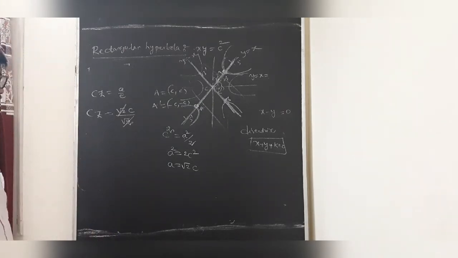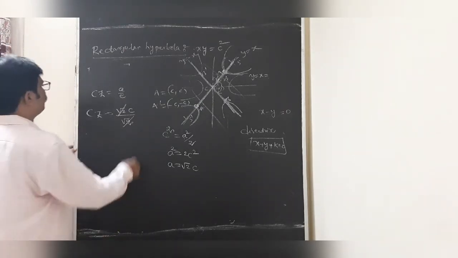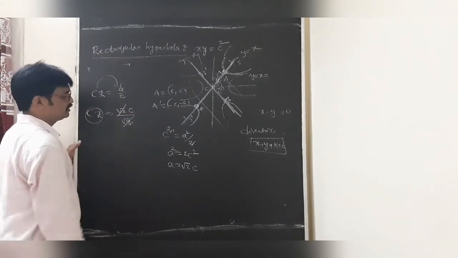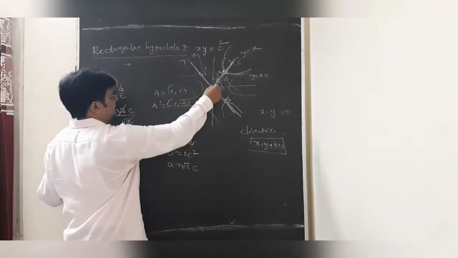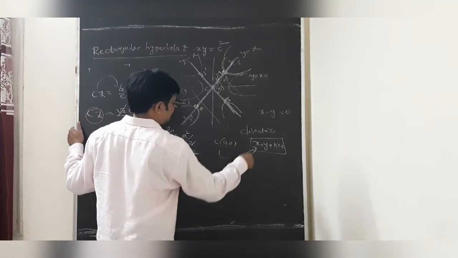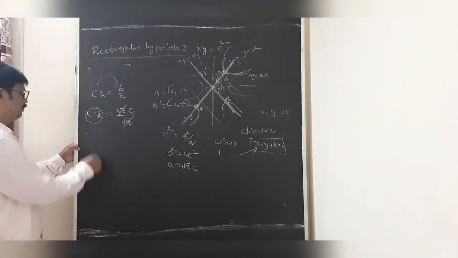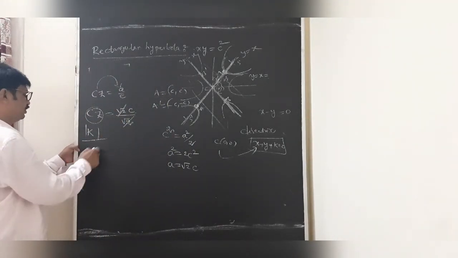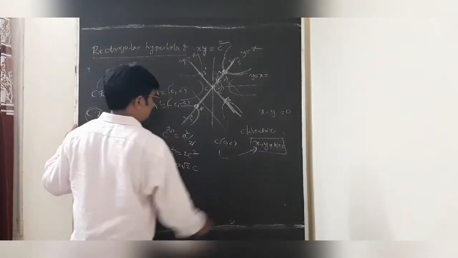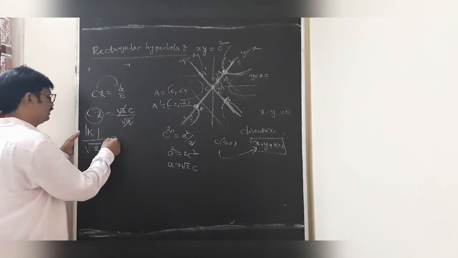Now CZ, of length a by e, that is c, is the perpendicular distance from the center to the directrix. The center is (0, 0). So we write it as 0 plus 0 plus mod k, divided by root of a square plus b square. A square plus b square is 1 plus 1, which is 2, and this equals c.